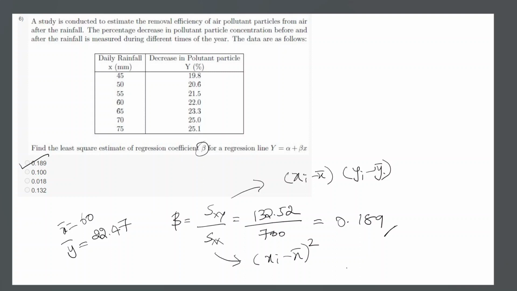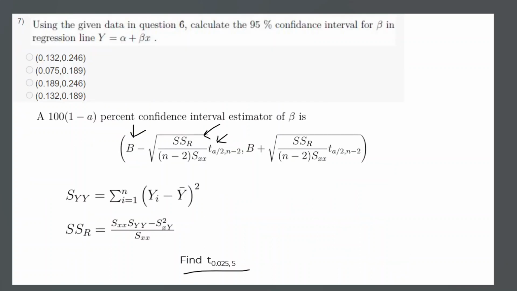It's very simple, you just have to plug in: y bar is equal to alpha plus beta x bar. So alpha is equal to y bar minus beta x bar. You can substitute and get alpha, but that's not the continuation of this question.